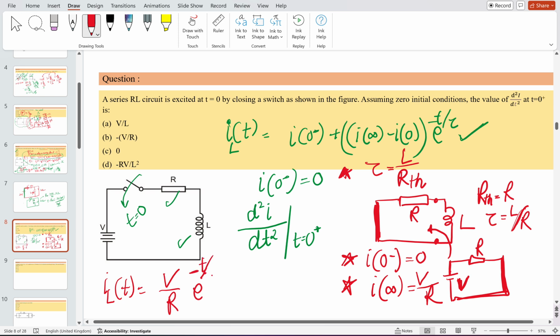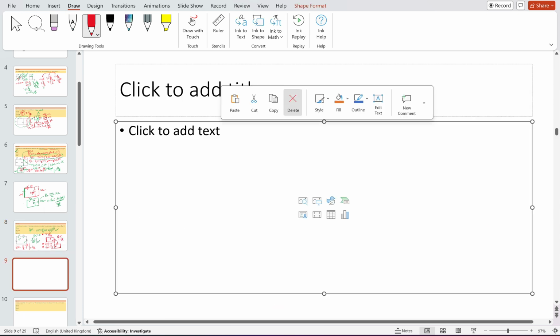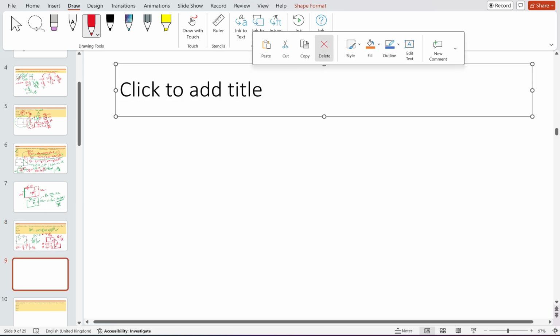What is the value of tau? Here tau is equal to L by R. Okay, if you are able to solve this, let's have a glimpse of what is actually being asked.